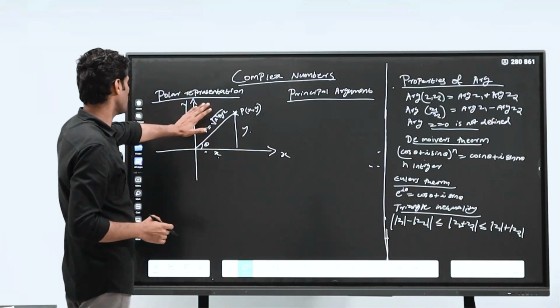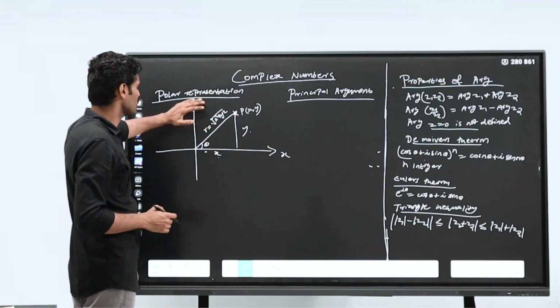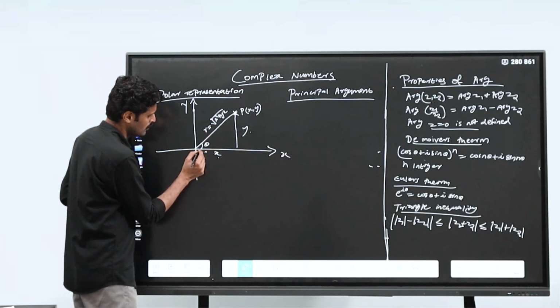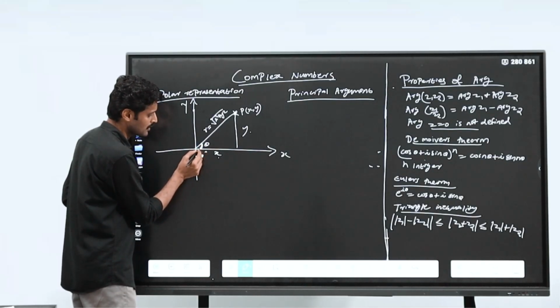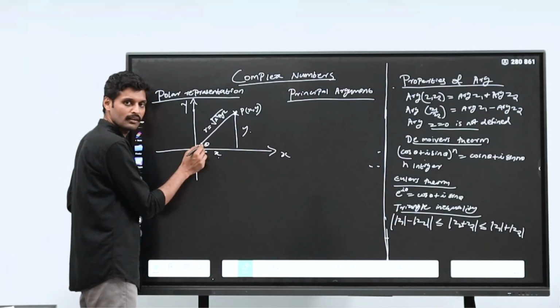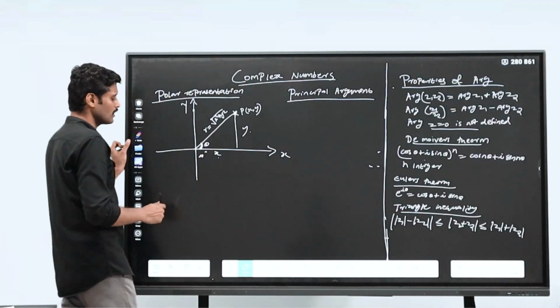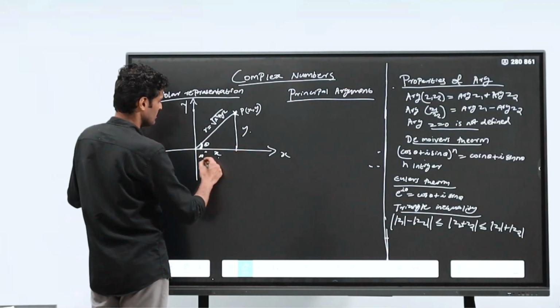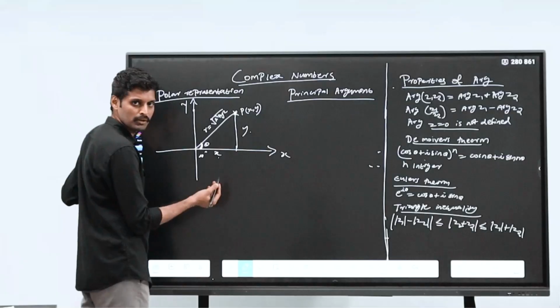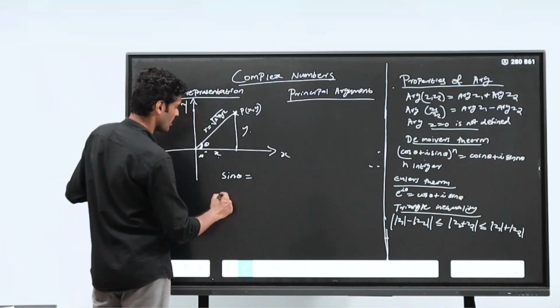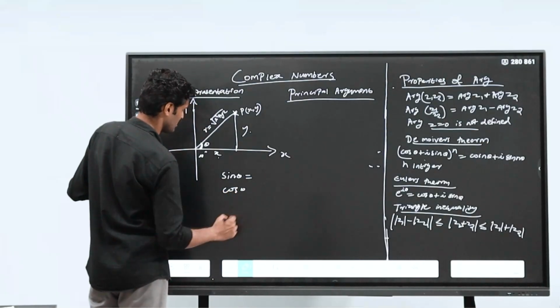So what are the polar coordinates? From the origin in the anti-clockwise direction, an angle is generated, that is theta. So what is sine theta here and what is cos theta here?